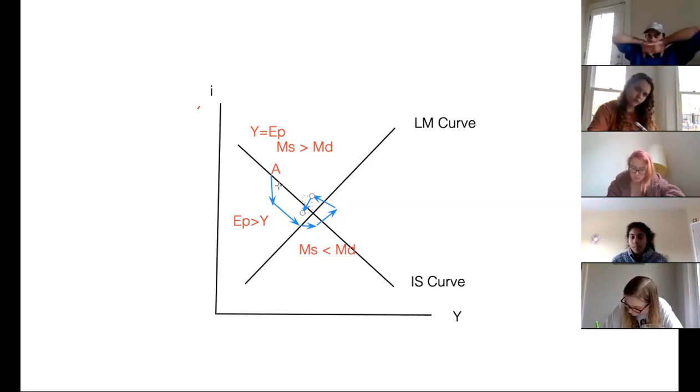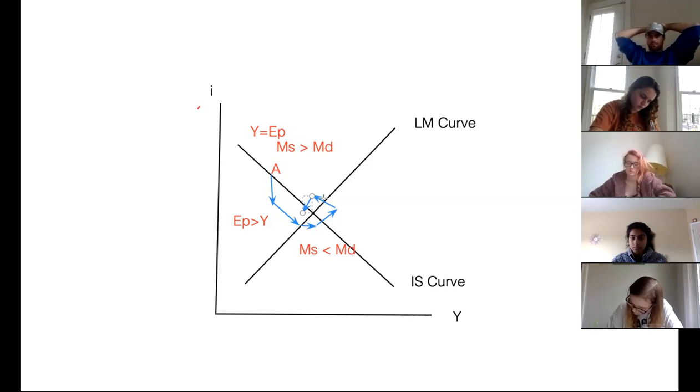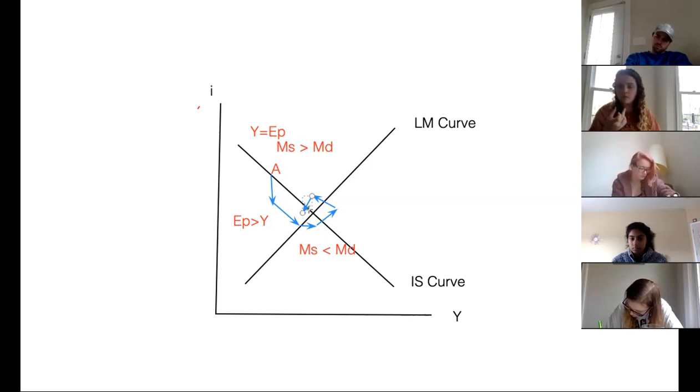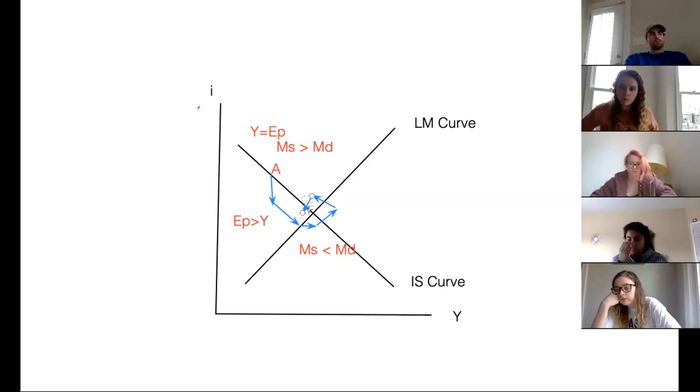So no matter where you start on here, the forces in this macroeconomy, in both the product market and the money market, are going to push us through a series of cycles until we finally end up where the two curves cross. And when they do, because we're on the LM curve, money supply equals money demand, and because we're on the IS curve, Y equals EP, so everything stops at that point.